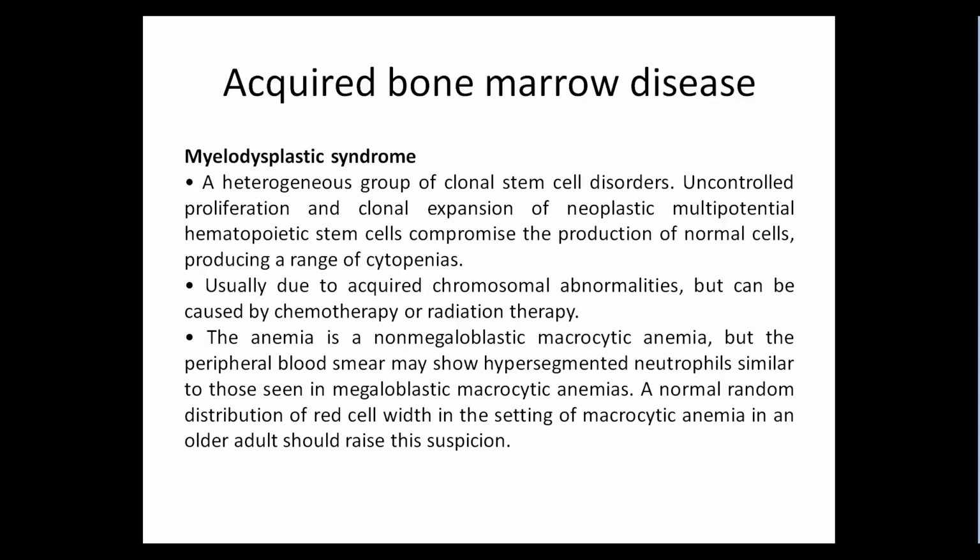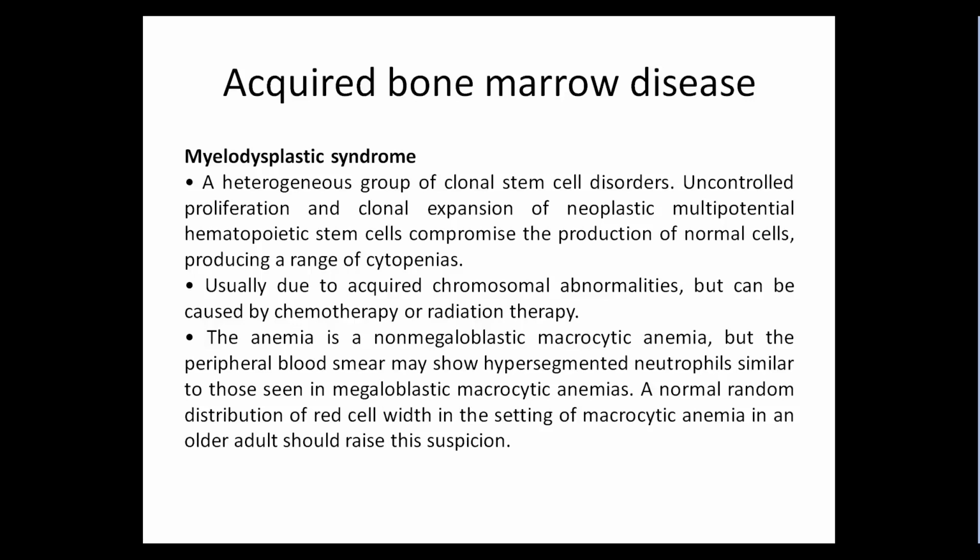Myelodysplastic syndrome, a heterogeneous group of clonal stem cell disorders. Uncontrolled proliferation and clonal expansion of neoplastic multipotential hematopoietic stem cells compromise the production of normal cells, producing a range of cytopenias, usually due to acquired chromosomal abnormalities, but can be caused by chemotherapy or radiation therapy.